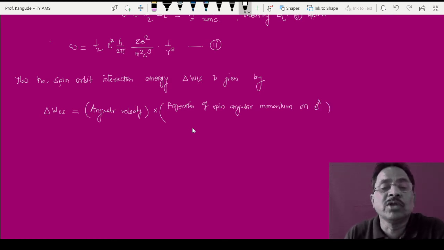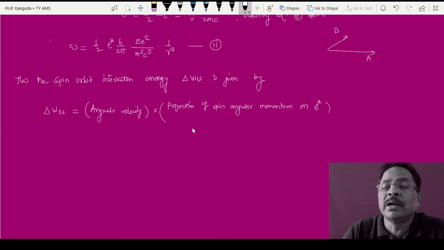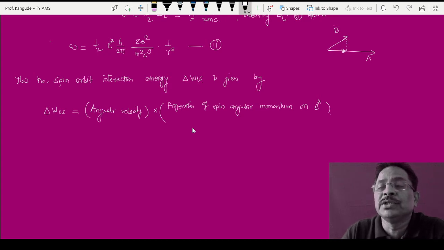Okay, now as we have seen in vectors, this is vector A bar, this is vector B bar, I get this quantity. So this factor is called the projection of B bar over this A bar, which is given by B bar into cosine of theta.